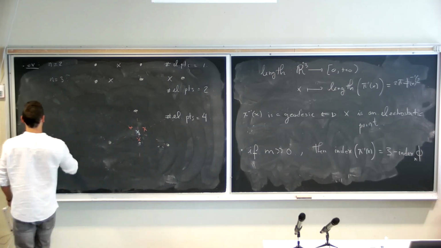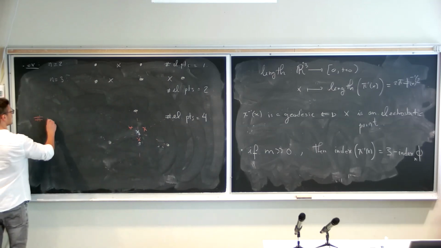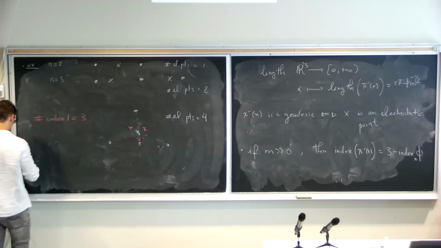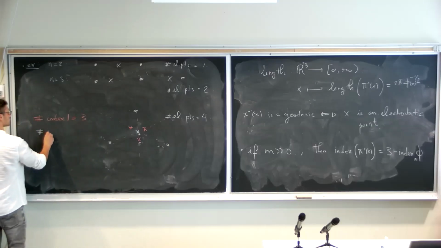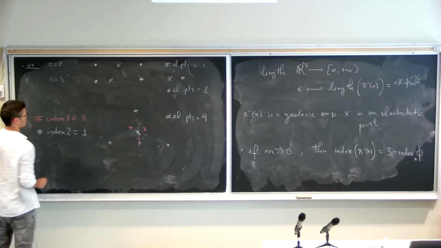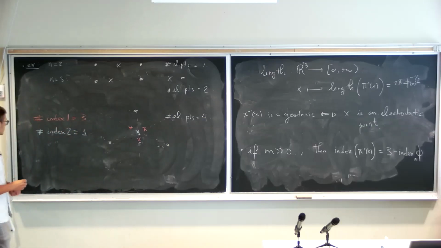So the number of geodesics of index 1 is equal to 3, and the number of geodesics of index 2 is equal to 1 in this case.